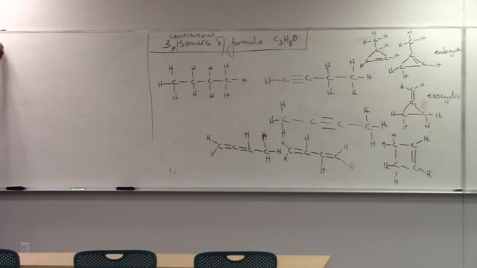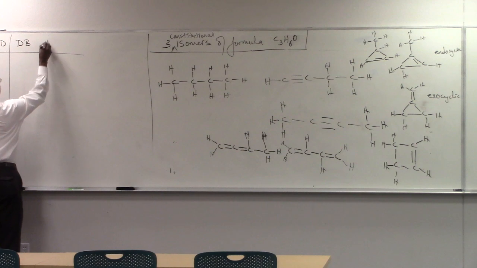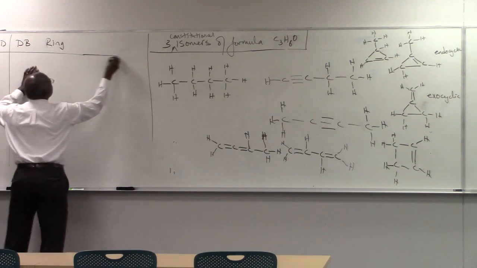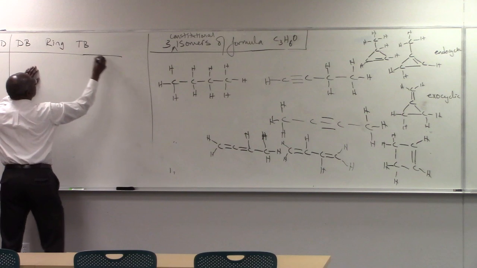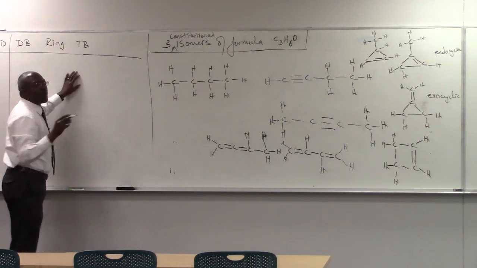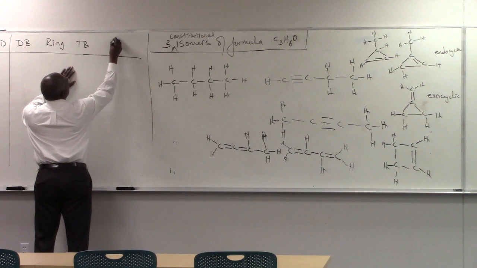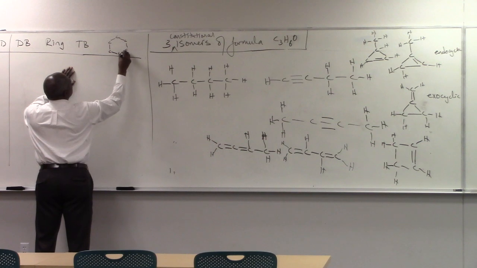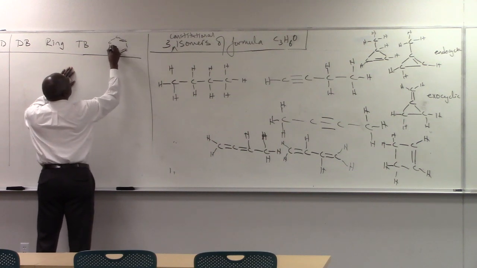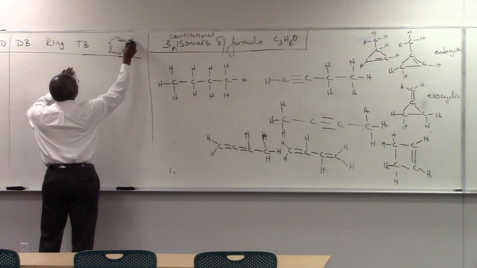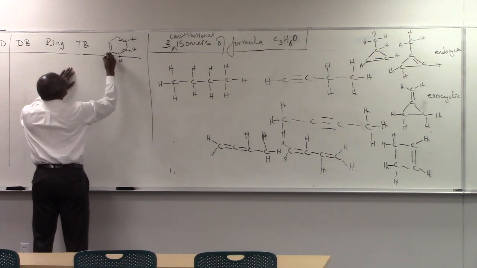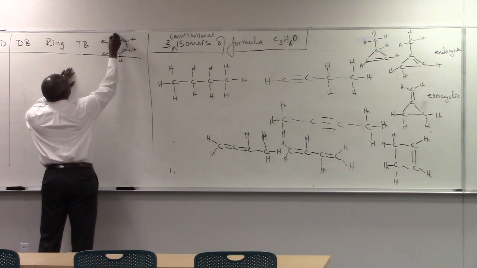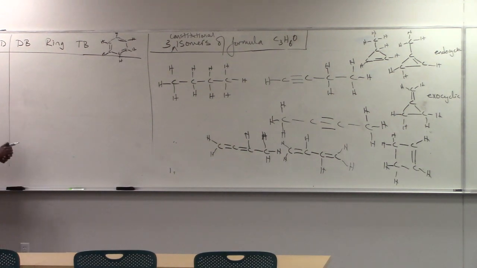So if the IHD, right, and I'm going to say double bond, ring, triple bond, there is another one that we have not met, which is the benzene. And the benzene ring is a unit unto itself, because that has 4 HDIs. Okay?